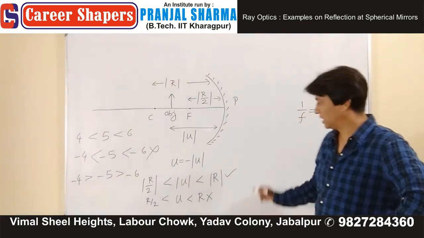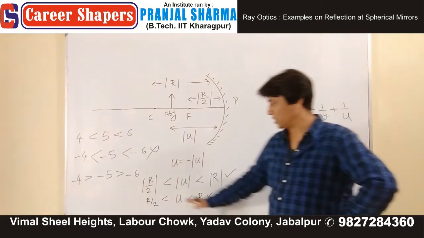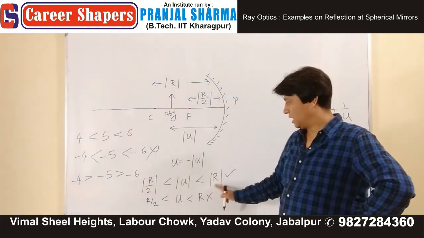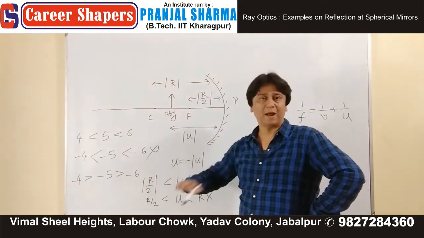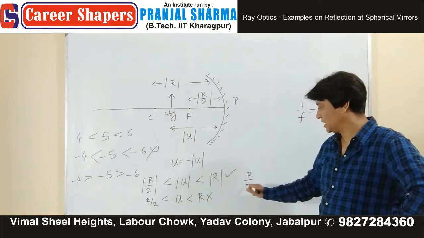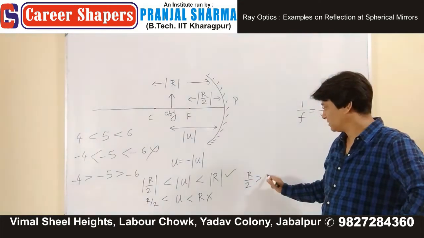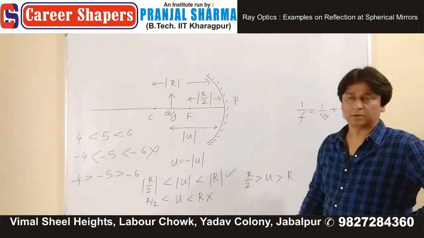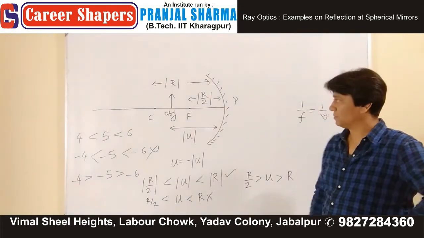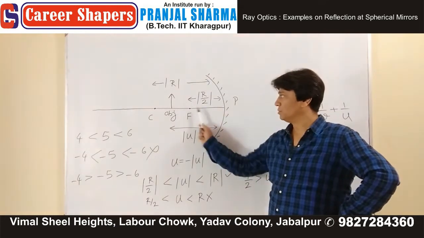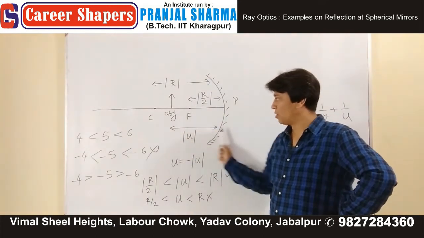What is the correct relation? The correct relation is that when you remove the mods, R, u, R by 2, everything is negative. And therefore, the correct relationship is that R by 2 is greater than u and is greater than R. Distance wise, R by 2 is less than mod of u.